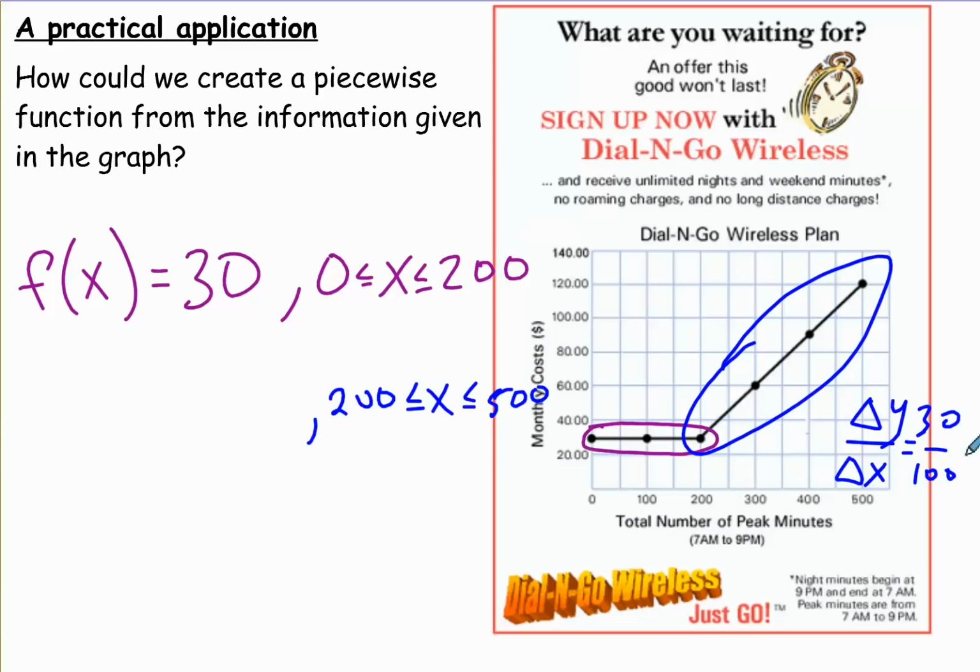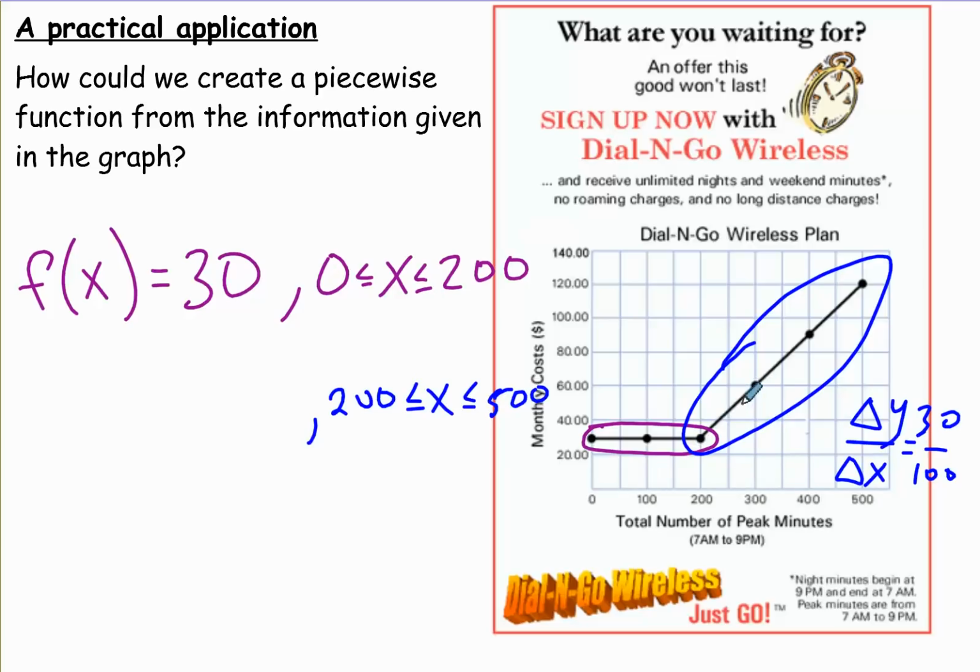So that's 30 over 100, or 3 over 10, or 30 cents for every minute. I'm not going to say that yet, because I want to be able to continue this going down. So my slope is 30 over 100, or 3 over 10, or 30 cents for every minute. But I need to figure out what a y-intercept would be.